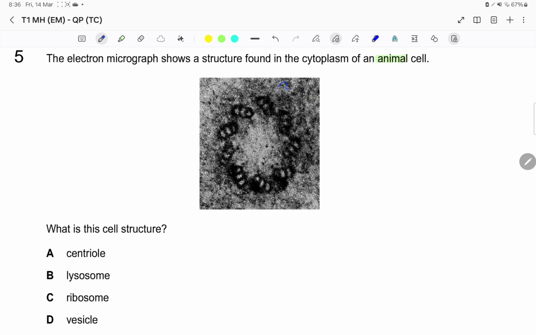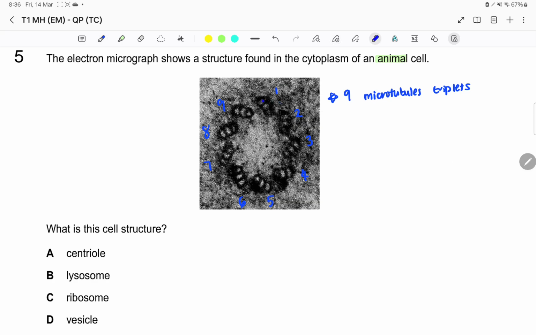So let's just count. It has 1, 2, 3, 4, 5, 6, 7, 8, 9. It has 9 microtubule triplets.